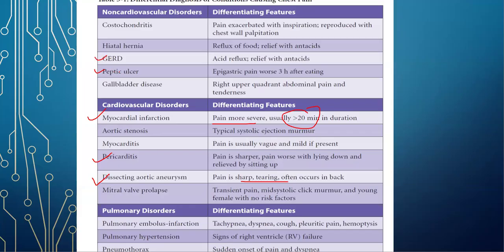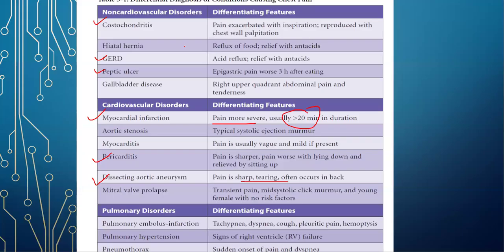Reflux, the patient will complain of reflux, heartburn, those kinds of things. If it is costochondritis, the patient will be tender when you palpate the chest. This is why we are discussing this right now: these are the clues which are given in the exam.